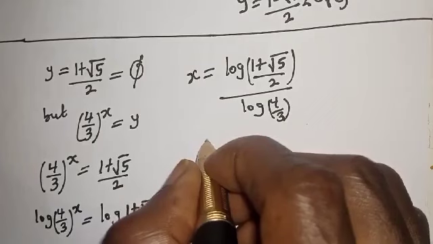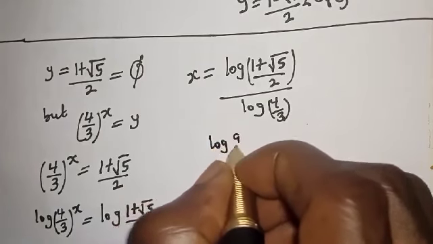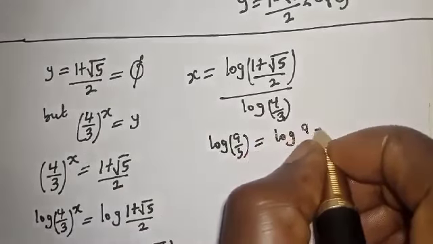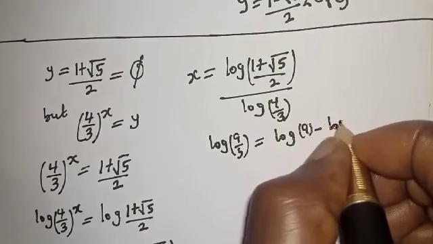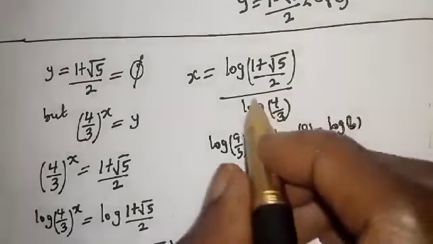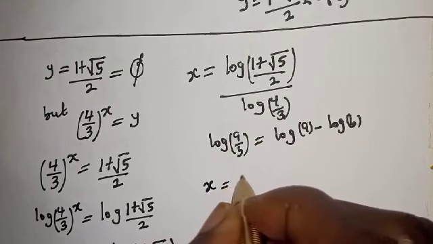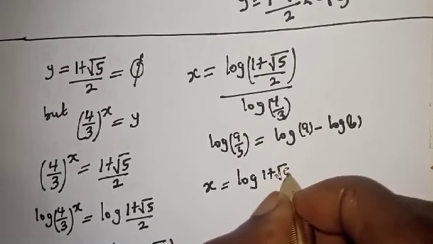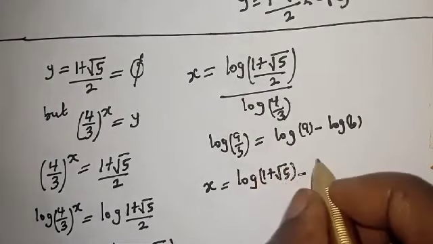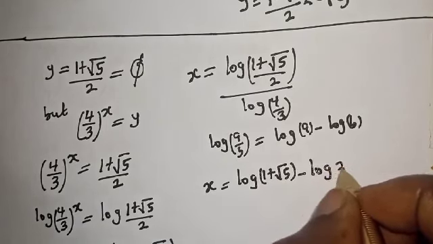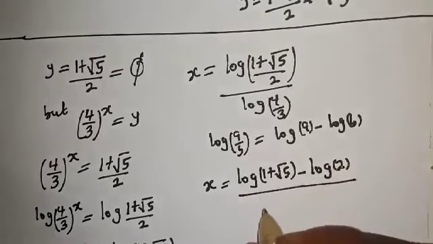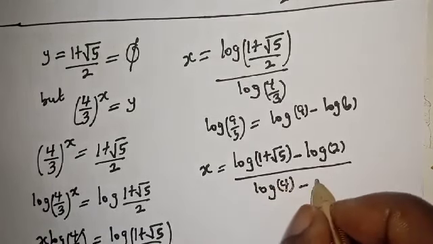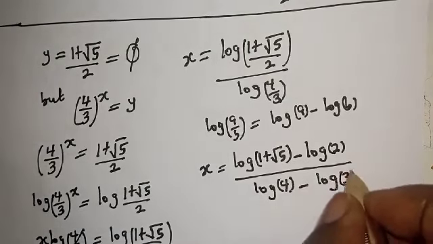And take note of this, that if you have log a over b, this is equal to log a minus log b. So the whole of this can be written as x is equal to log 1 plus root 5 minus log 2 divided by log 4 minus log 3.